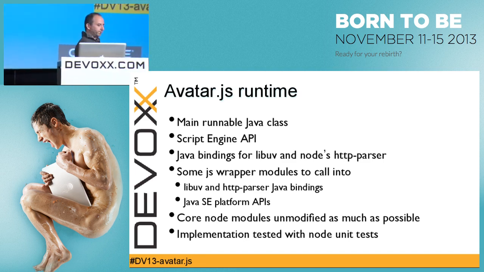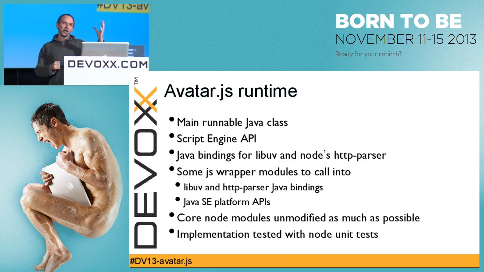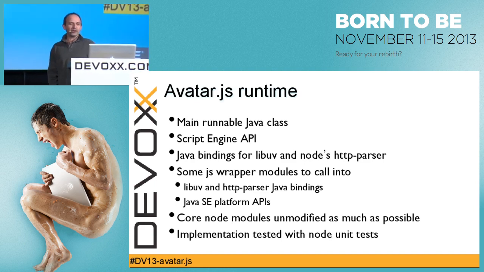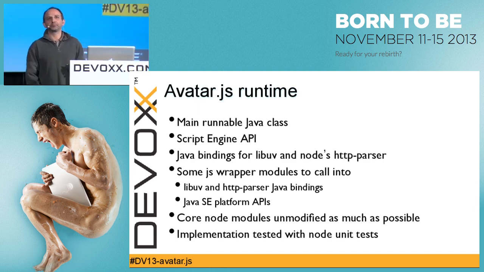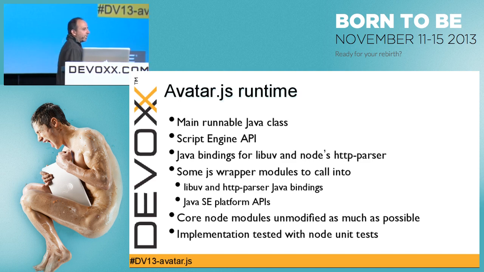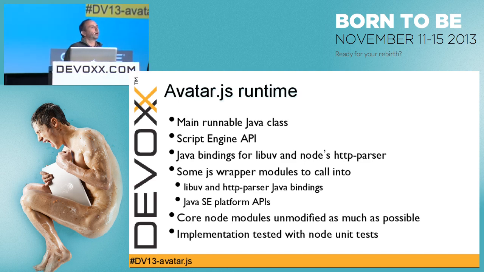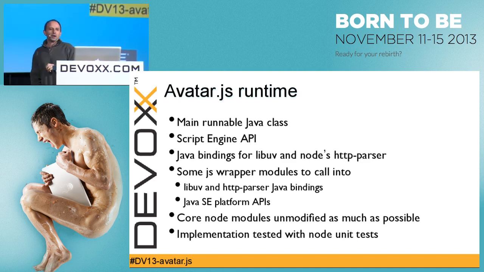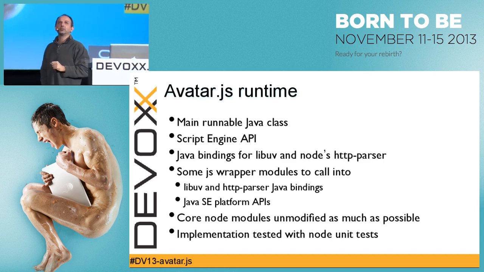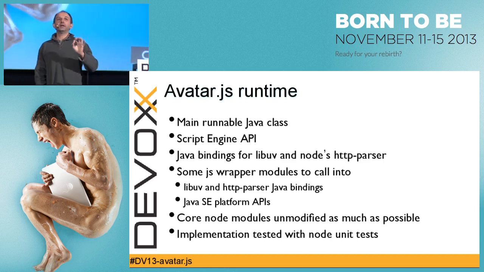And in our quest to be compliant with Node, we have made the choice to base the implementation of asynchronous I/O on the same layer as Node. Node is using libuv.